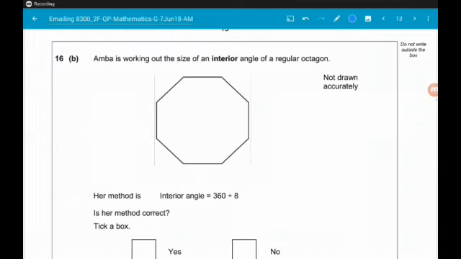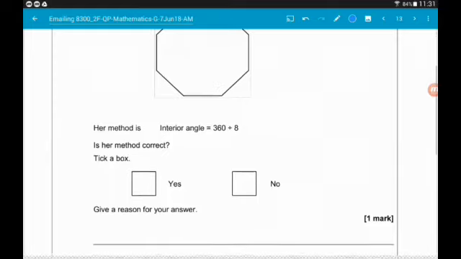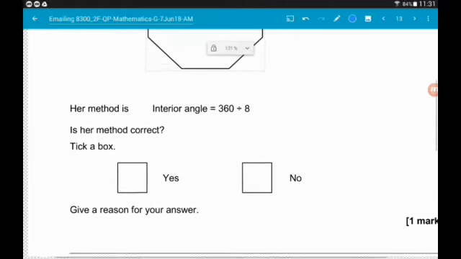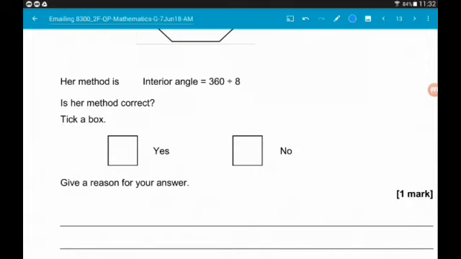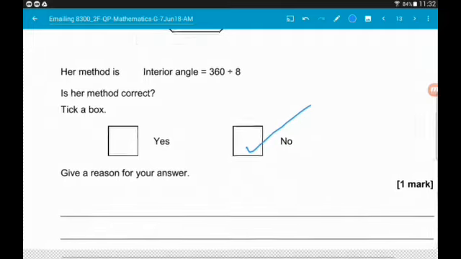Okay, then for part B, Amber is working out the size of an interior angle of a regular octagon. Her method is to do 360 divided by 8. Is her method correct? We must give a reason for our answer. So, her method is not correct.